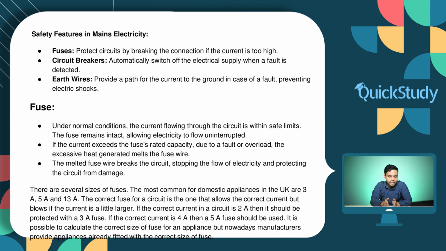So if something is using 10 amperes of current, we would have to use a 13 ampere fuse, as it is the most common one. Anything less or more than that could result in a fault of the device. So safety features provide a safer way for the applications to work properly without damage to that particular device.